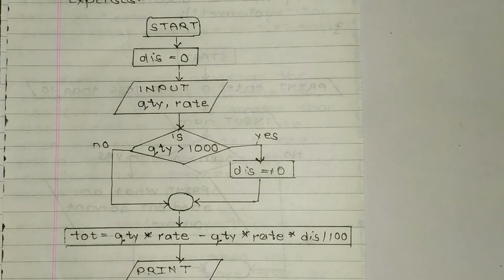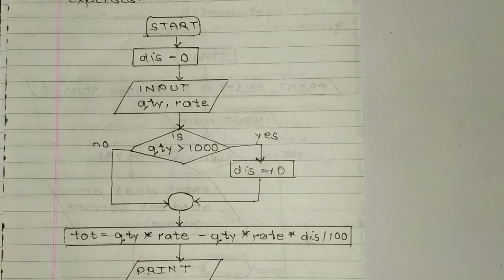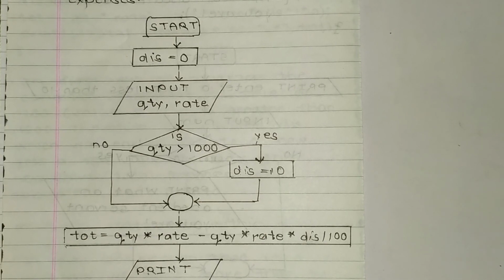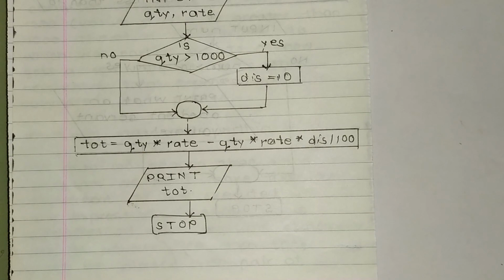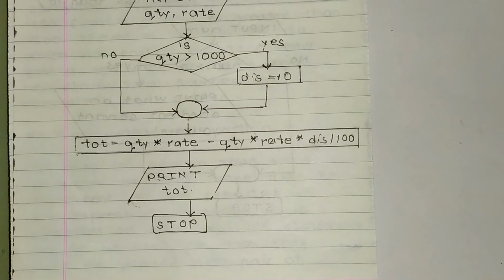Now is quantity more than 1000, so it is comparing whether quantity is more than 1000 or not. So no and yes are there. So for yes discount is 10 and for no discount stays 0. Then there comes a formula, and by applying this formula we are printing the total result and then we are stopping.